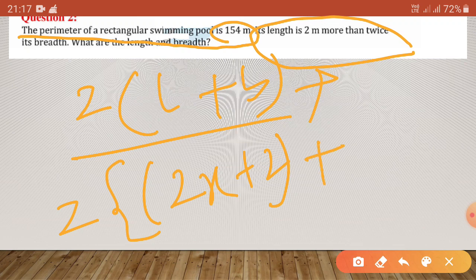So what is the value of breadth? That is x. So we have the value 2, and inside the second bracket, the sum of length and breadth.